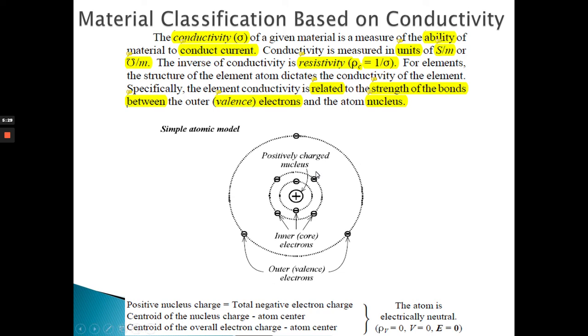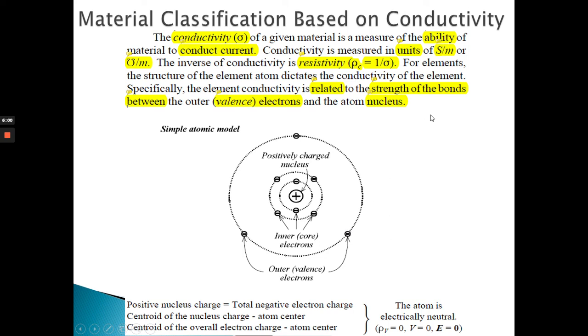It can be a hybrid bond or a normal bond. There are different kinds of bonds actually, but I'm not going to go deep into that. Valence electrons are the electrons at the outer orbit of any atom. So the more electrons it has, the more conductivity it can give you.